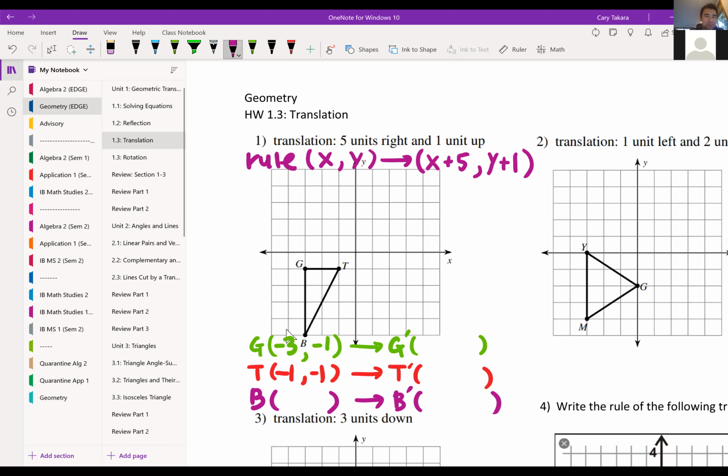Let's do B. What's the coordinate for this one? B, right there. Can you come from right here? Always sideways first. I cannot tell you how many times I've seen you going up and down first and then sideways second.